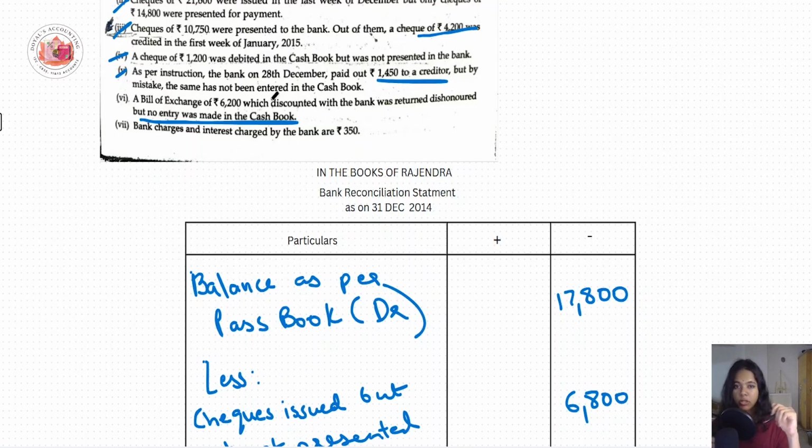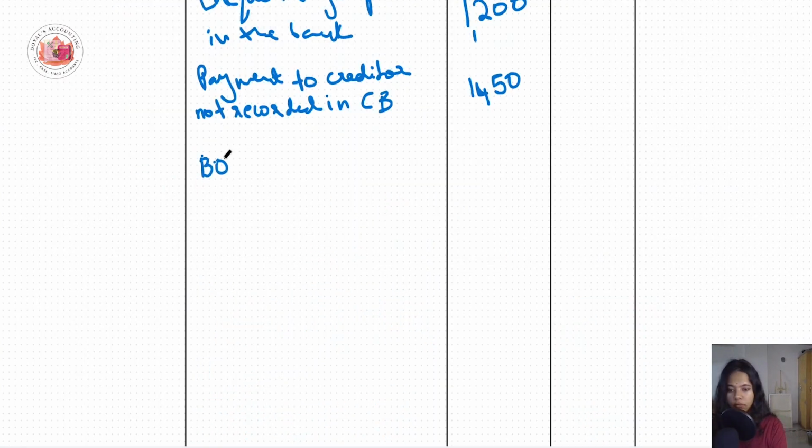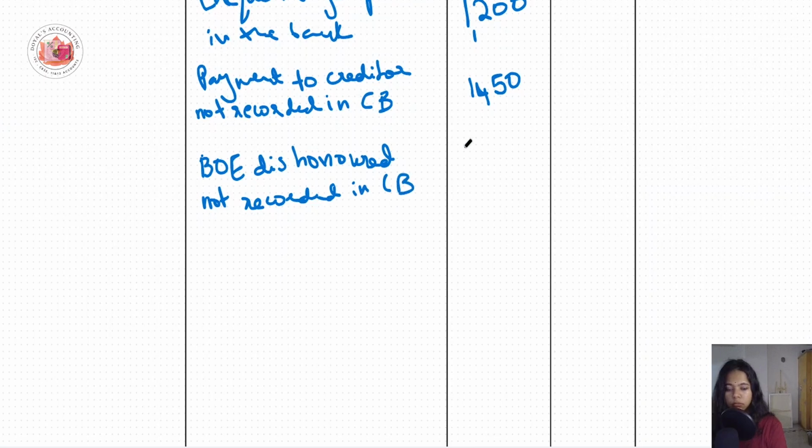By this logic, our cash book balance is more than our passbook balance, and to equalize the two, I'll again have to add to my passbook. Bill of exchange dishonored, not recorded in cash book, 6,200.